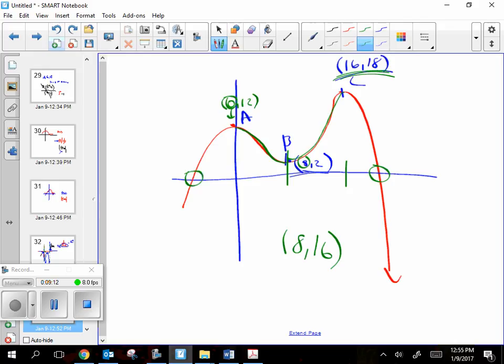Those are also known, they have 4 names: the X-intercepts, the zeros, roots, solutions. Good. With the Y-intercept, in this case it's at A, which is at 0, 12. The Y-intercept is where what? Where X equals 0. The Y-intercept is where X equals 0, and the X-intercepts are where Y equals 0.